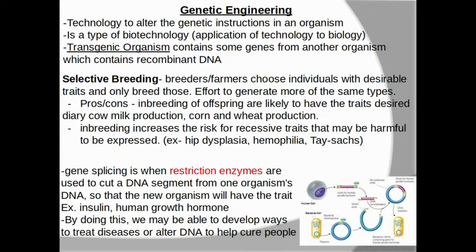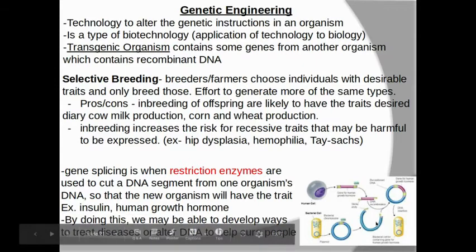And we can splice into a bacteria a gene that doesn't belong, like a human gene for insulin or growth hormone or protein, whatever human protein we want to make, we can have bacteria do it because bacteria have this blue ring here called a bacterial plasmid.